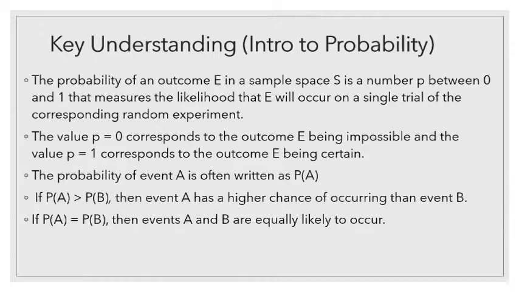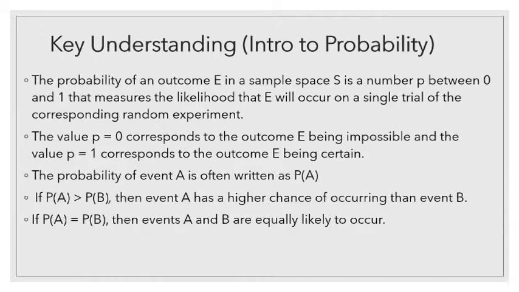The probability of event A is often written as P(A), as we saw yesterday, the probability of the event A occurring, right? So if you think about yesterday's lesson, we wrote for the probability of a head occurring, P(H), or P of the tail occurring, P(T), and so on. So that's the notation.